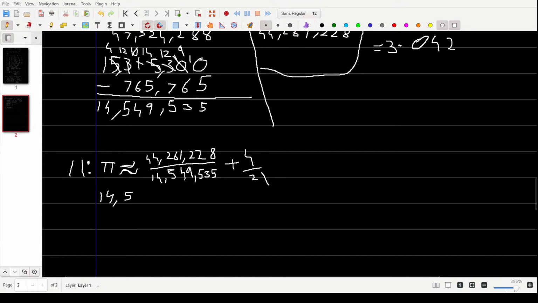Split it into its prime factors. So first of all, we can see it's 5. So 5, and then we can divide by 5. So 35, that's going to be 7. That's going to be 1.